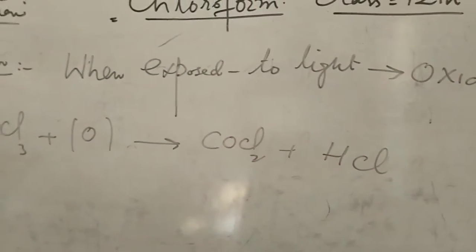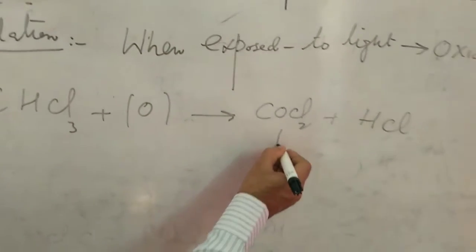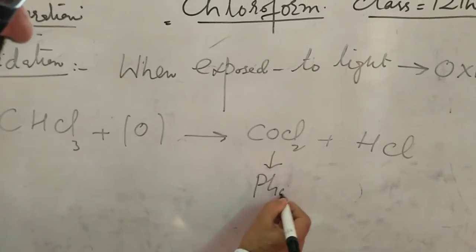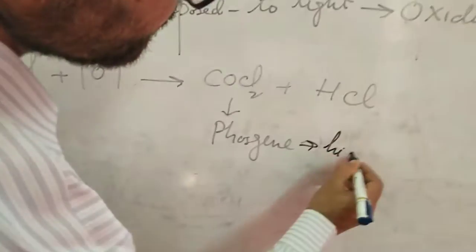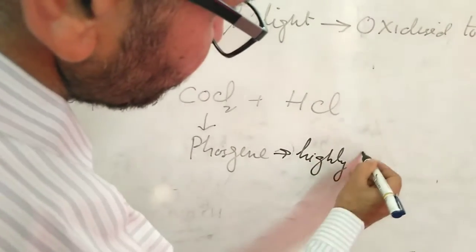This is the phosgene gas बनता है इससे. Highly poisonous.